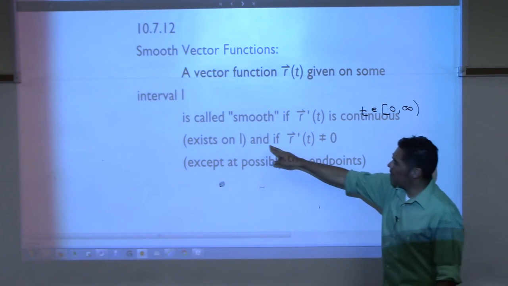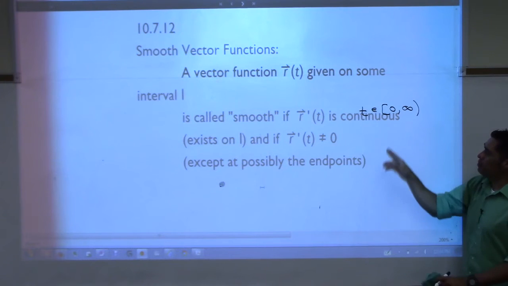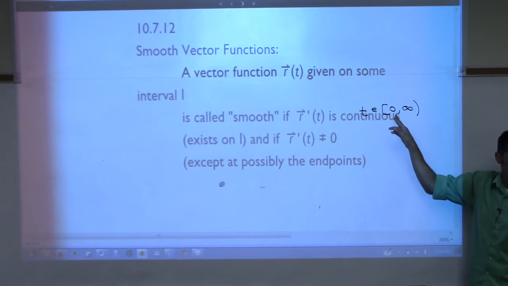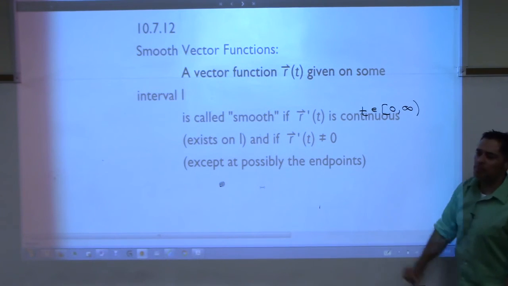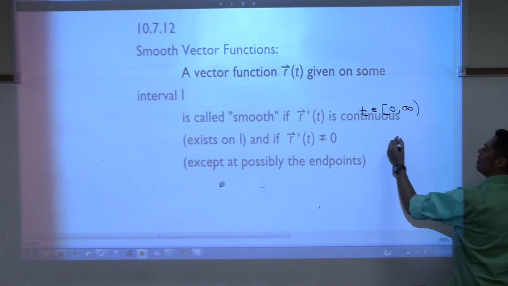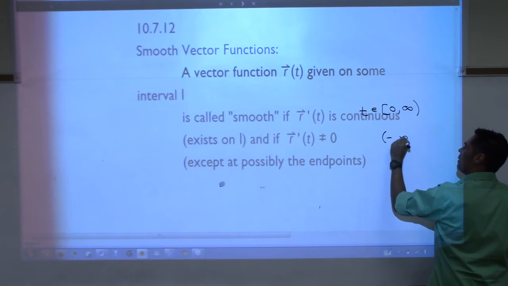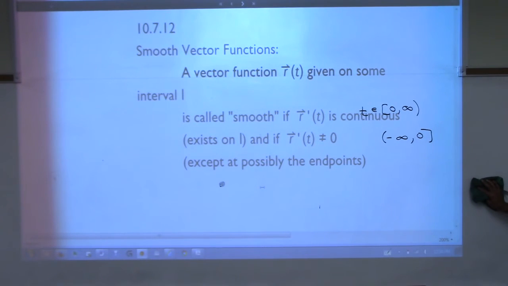Now, if the derivative is not 0, well, we know the 0 vector. We know that at 0 there's a problem, right? Yes. But it says except possibly at endpoints. See, 0 is an endpoint. So we could exclude that, and we would say that it is smooth on that interval. That was your question, right? So we could address that. We could also do negative infinity to 0. We could do that interval instead, and it would be smooth there.